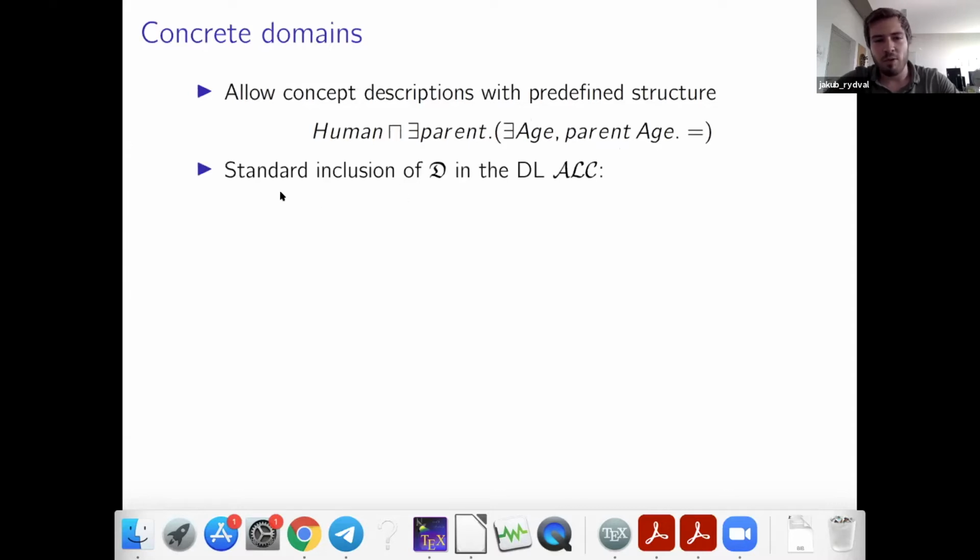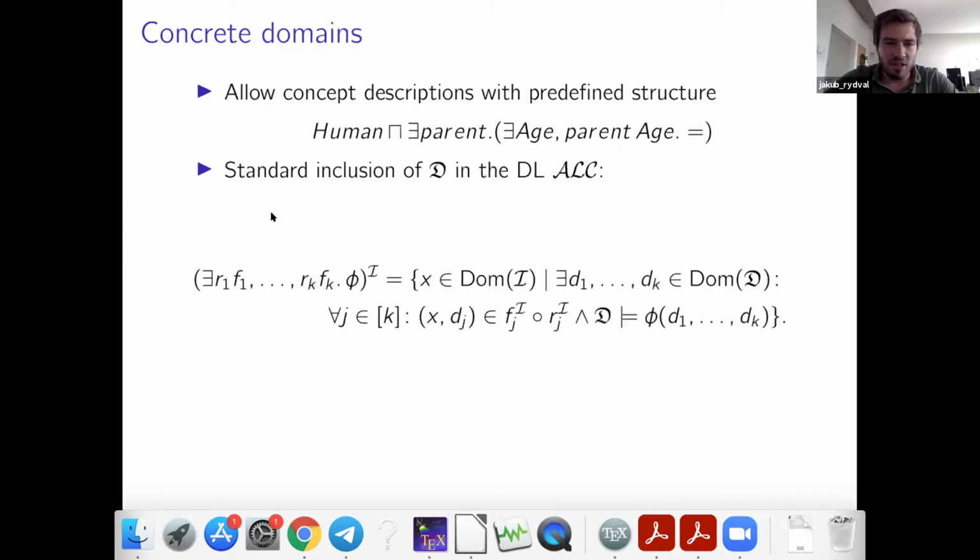So now let me present a standard inclusion of a concrete domain in the description logic ALC, which is our main point of reference. And these are the most general concept constructors that allow us to include concrete domain in the logic. So let me just break this constructor down.